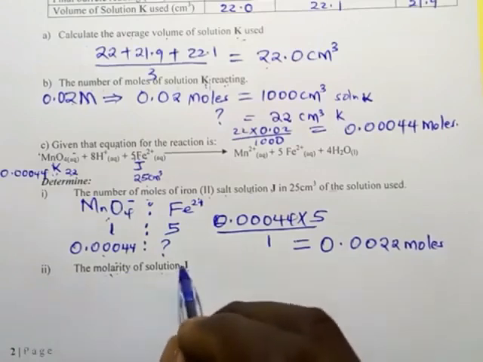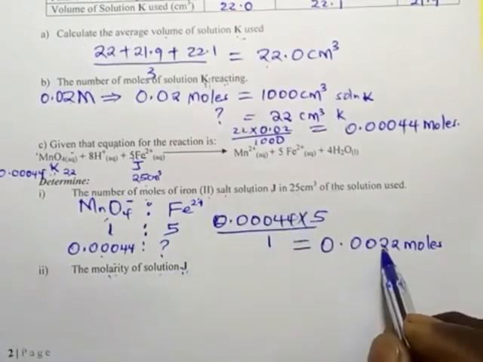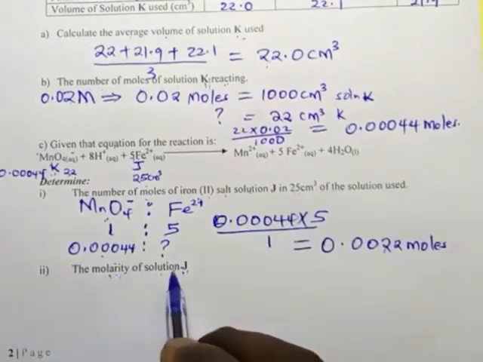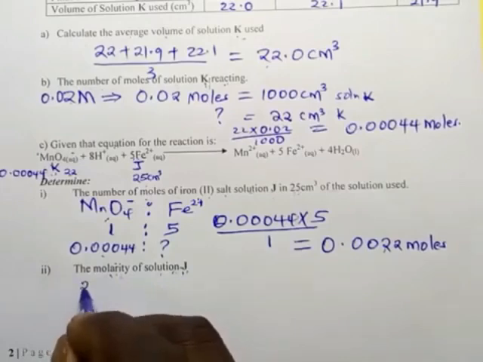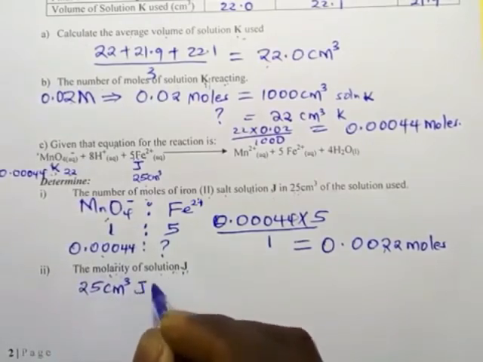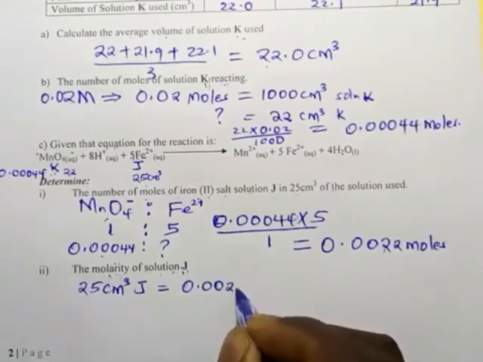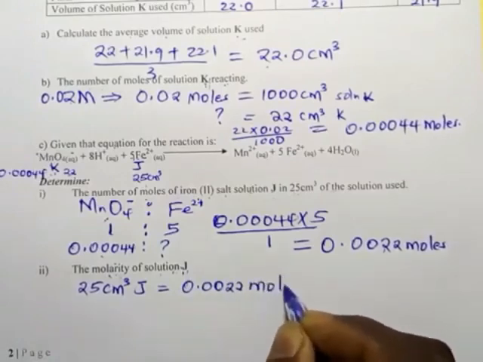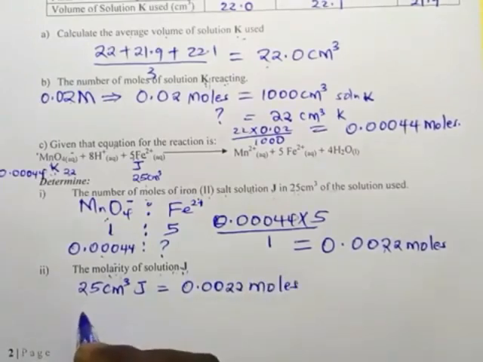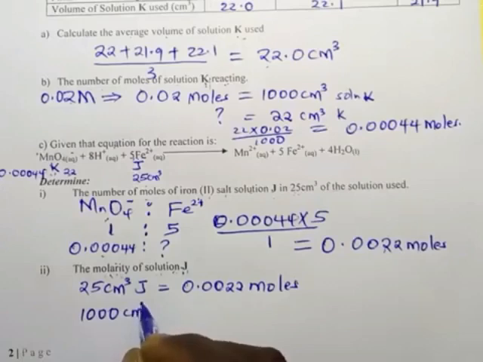So J, we know the number of moles of J in 25. This is the number of moles. What will be the number of moles in 1 liter? 25 centimeters cube of solution J contains 0.0022 moles. 1,000, that is a liter, cube.